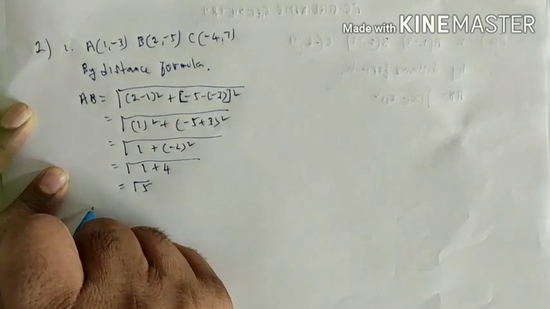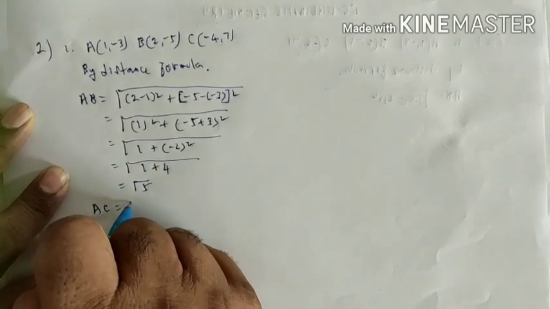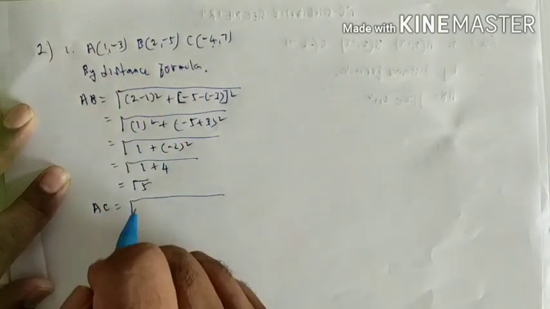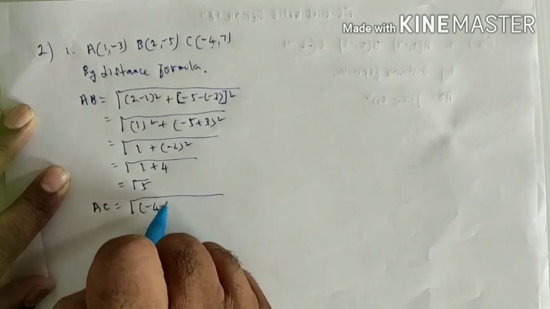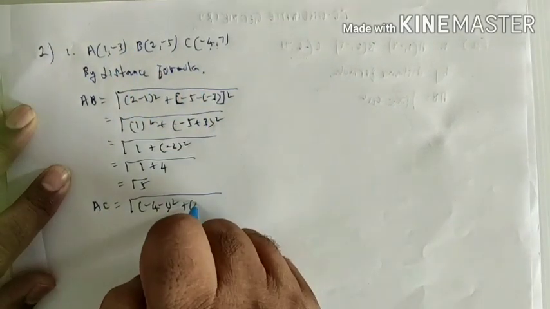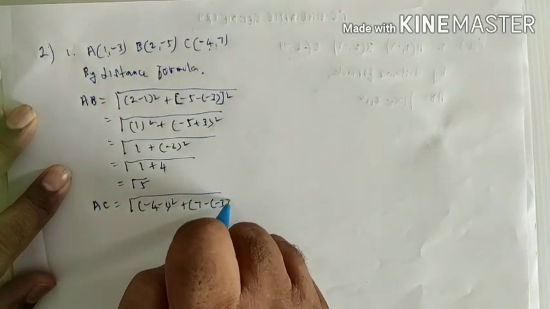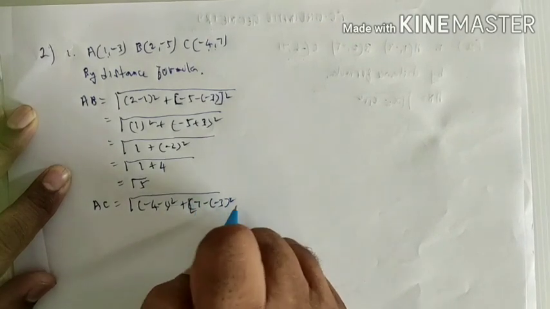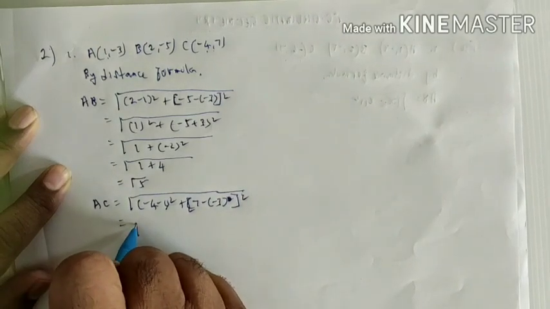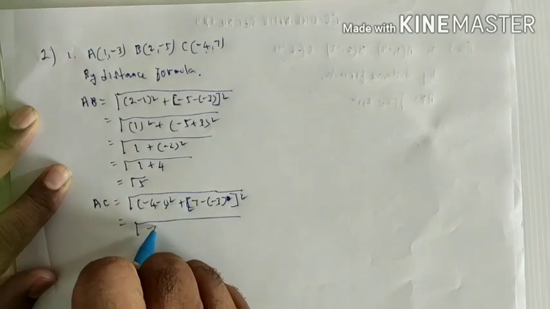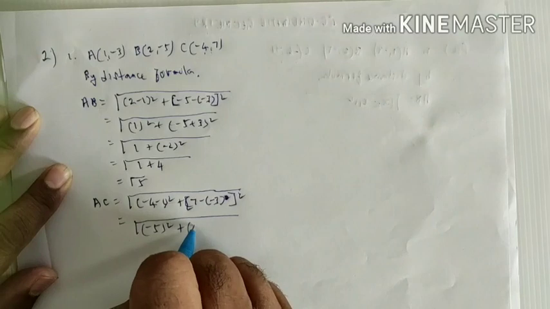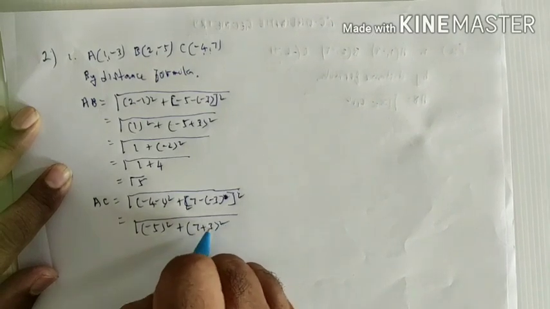Again we shall find AC. AC is equal to under root, see here AC equal to under root minus 4 minus 1 square plus 7 minus minus 3 square. It is equal to under root minus 4 minus 1 is minus 5 square plus 7 plus 3 square.